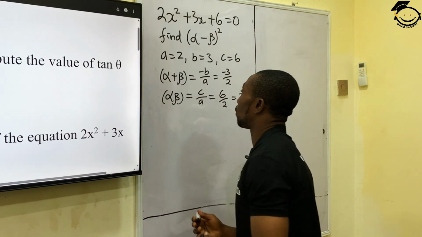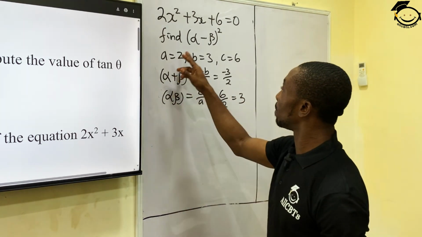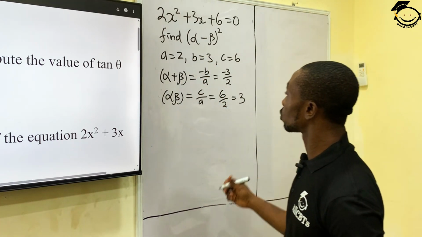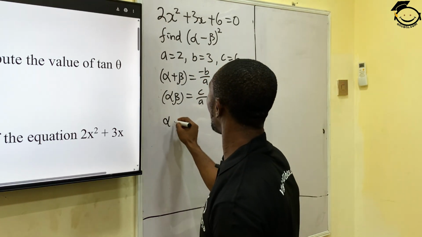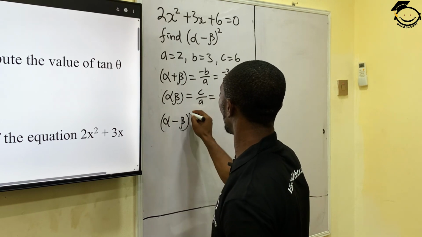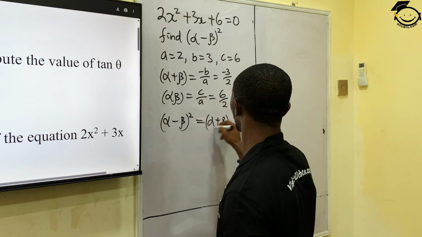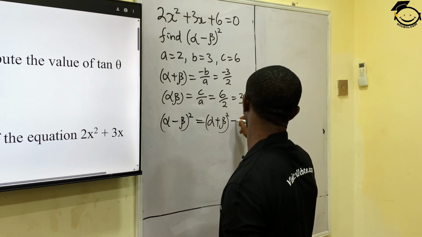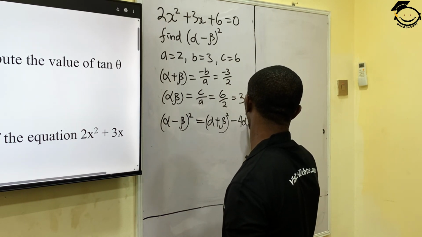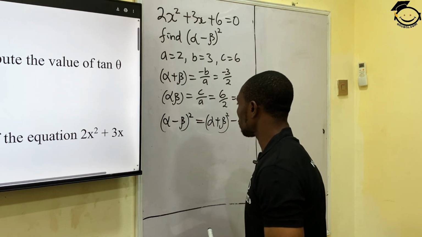But now what we are looking for is alpha minus beta all squared. So if we have alpha minus beta all squared, we are going to have alpha plus beta squared minus 4 alpha beta.